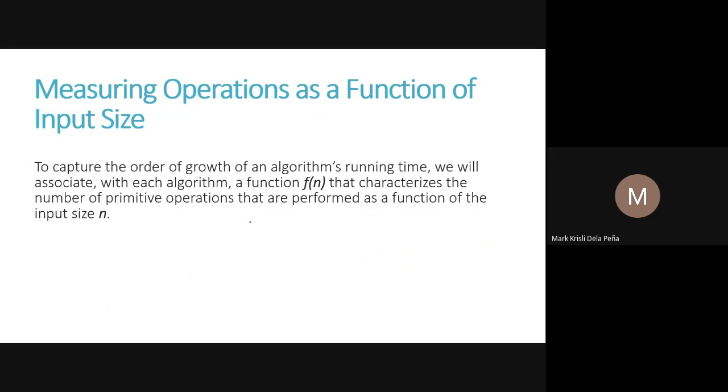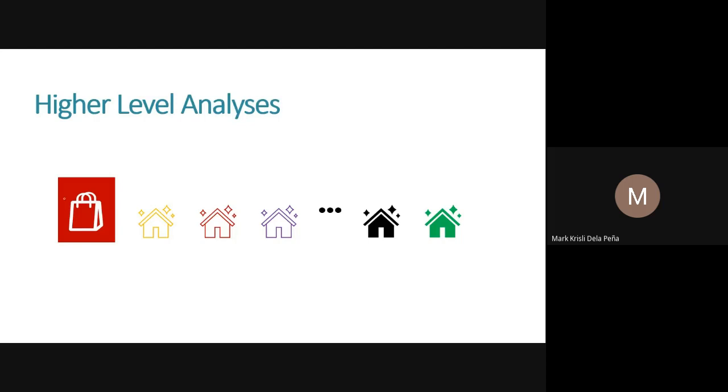Let's have this example first. Suppose we have here a shop. This one is a shop, I hope you can see the pointer. This shop accepts door-to-door delivery, and we have, say for example, 50 packages to be delivered among 50 different houses.